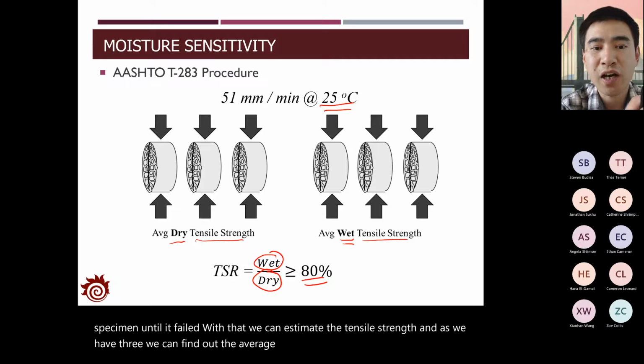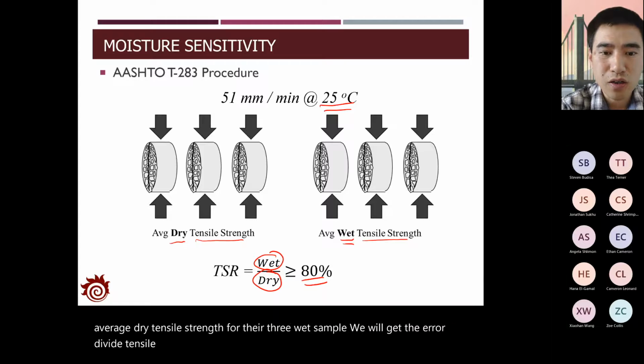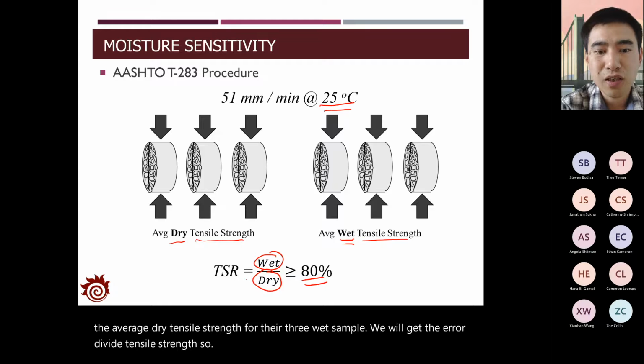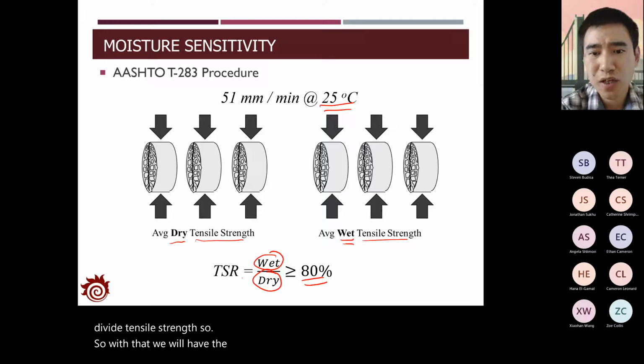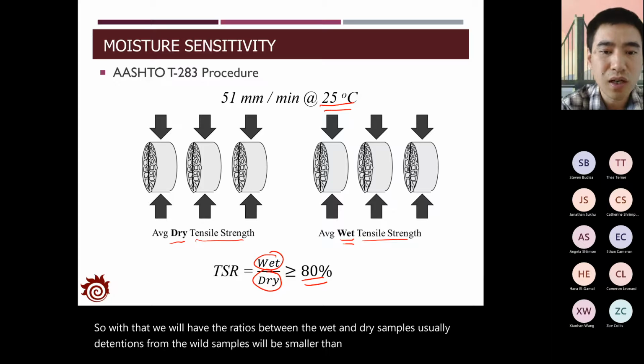For the dry samples, we have the average dry tensile strength. For the 3 wet samples, we will get the average wet tensile strength. So with that, we will have the ratio between the wet and the dry samples. Usually the tensile strength from the wet samples will be smaller than the dry samples.